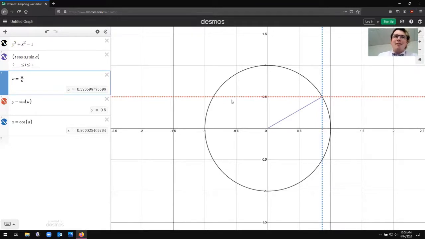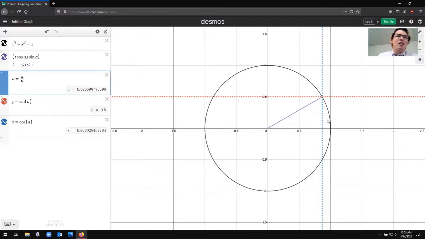If I wanted to have that same value over here, if I was working in the second quadrant, you can see right away that I have exactly the same sine value over there, but the cosine value is going to have the opposite sign.